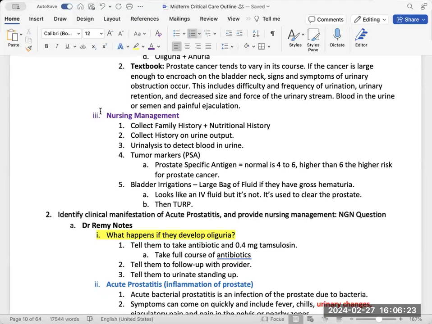I'll explain, since that's something we do in the OR. Bladder irrigation, the surgical term for this procedure, is called transurethral resection of the prostate. A little camera goes through the urethra all the way to the bladder.